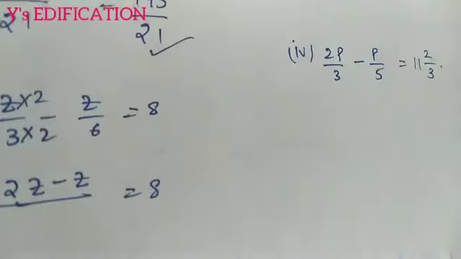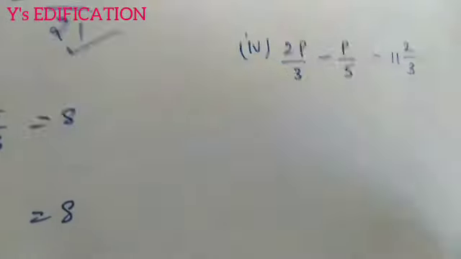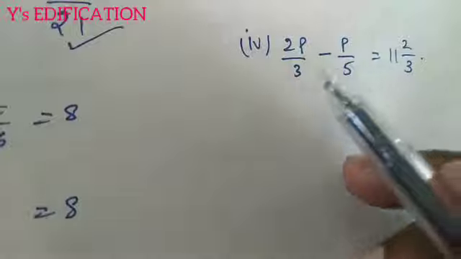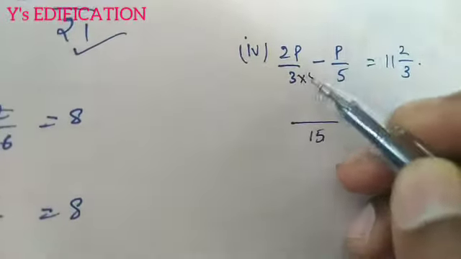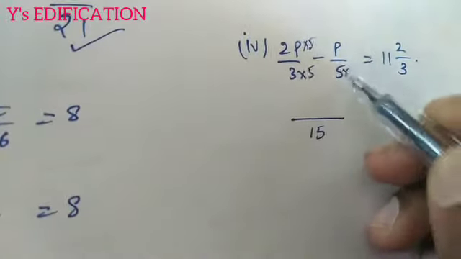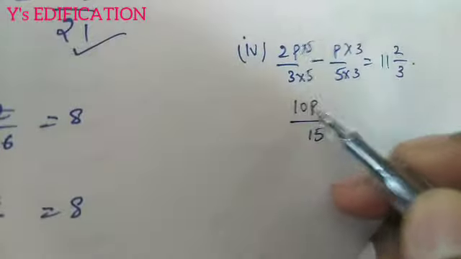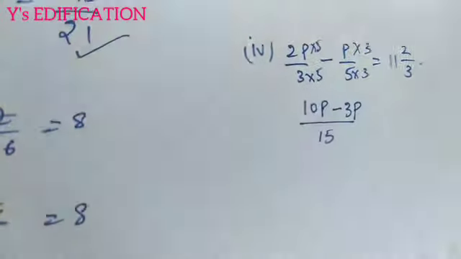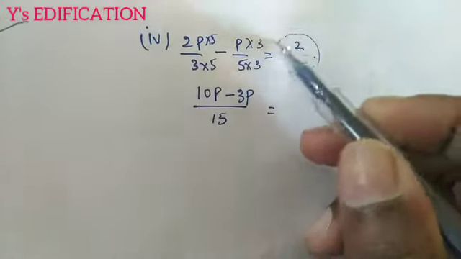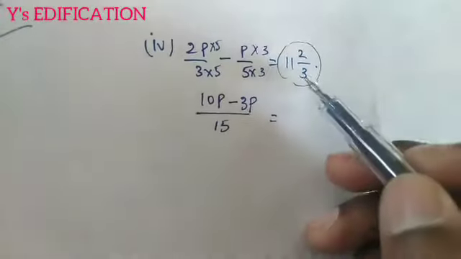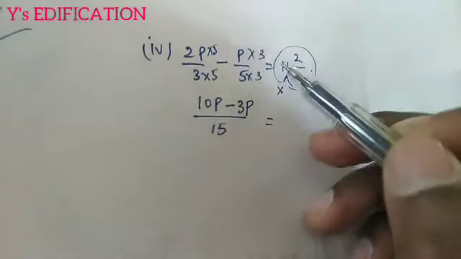Next one. 2p by 3 minus p by 5 is equal to 11 2 by 3. Here take the LCM. The LCM of 3 and 5 is 15. So multiply this number with 5 and this number with 3. So 2 into 5 is 10p minus 3 into p is 3p is equal to, and this is a mixed fraction, so we will convert it into a normal fraction. 3 into 11, first multiply this number. 3 into 11 is 33.